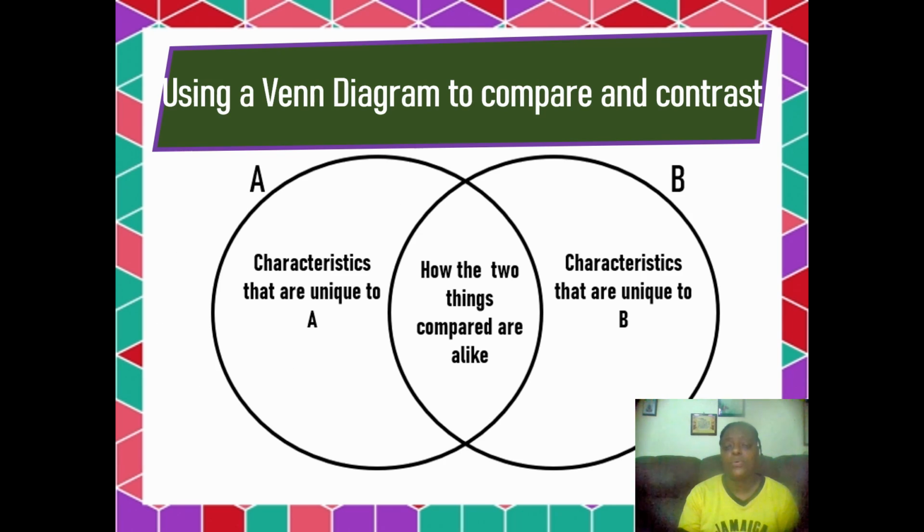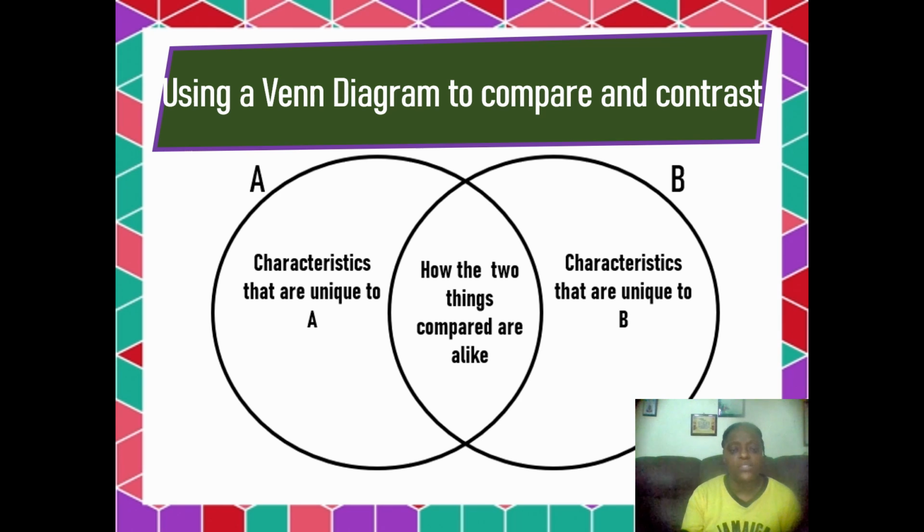So one method of comparing and contrasting two things is a Venn diagram. Now, the Venn diagram overlaps, so there is an intersection. In the intersection, we write things that are similar or alike, sameness.